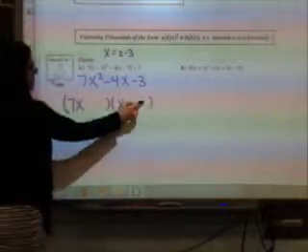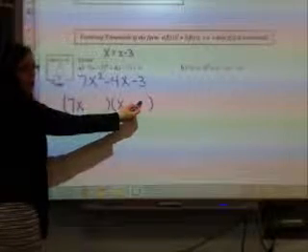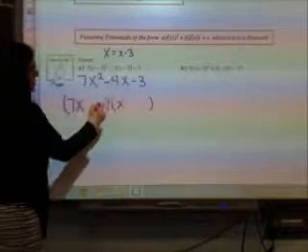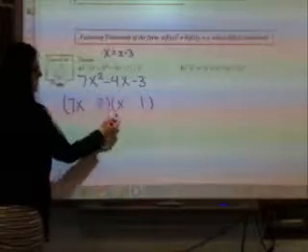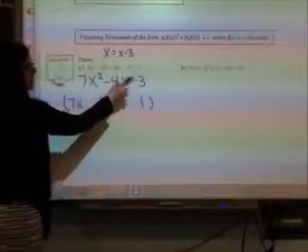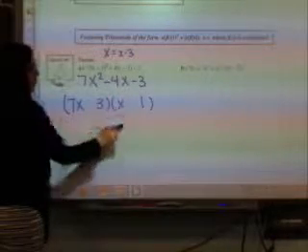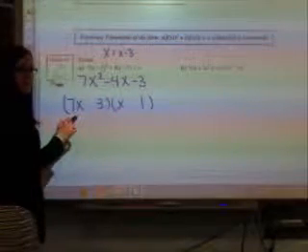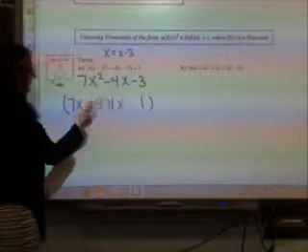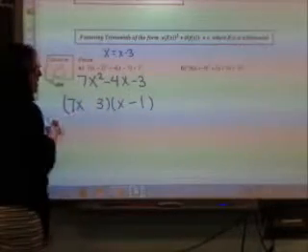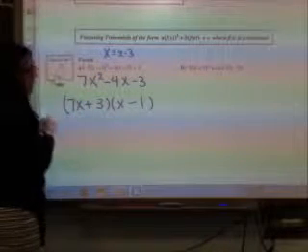Well, if I put the 3 here, I'm going to end up with a 21, which is going to be too big of a number. So 3 has to go on this side, because then I get 7 and 3. For this to be negative, one of these has to be positive, one has to be negative, so I find the difference. The difference between 7 and 3 would be 4. To make it a negative 4, I need a negative 7 and a positive 3.